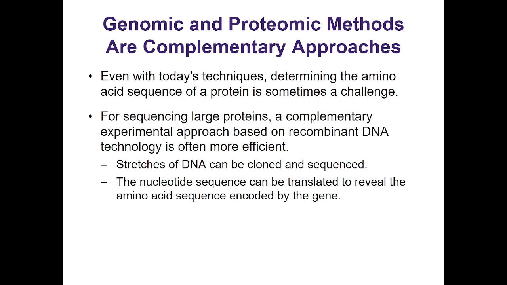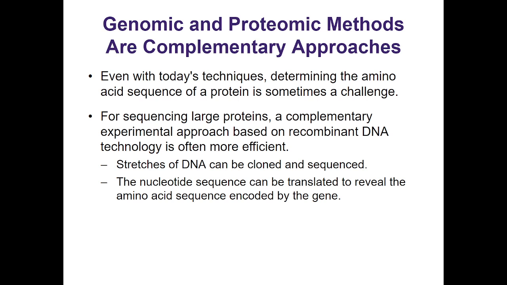The software is pretty good, and it actually can do a lot of expansion for humans, give us like possible matches, and then we can do some more spectroscopy work to eliminate those. Okay, but just by this one single technique, you may run into proteins you can't just do automatically. Okay, you could have multiple different possibilities that would all work, or it could take a very long time to figure out which one. So for sequencing very large proteins, a complementary experimental approach is the best method.